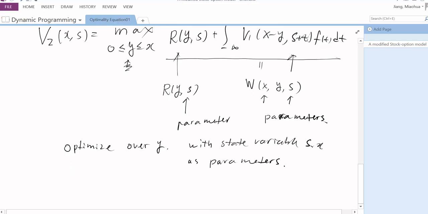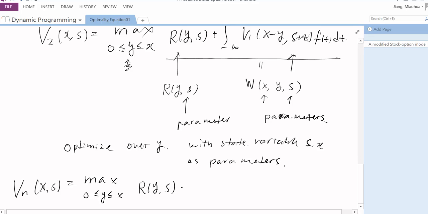And now we can write down the general optimality equation just by replacing V2 by Vn. Vn(X, S) is equal to the maximum over Y less than or equal to X and bigger than or equal to 0, of R(Y, S). This is the profit we gain from today by exercising Y shares.